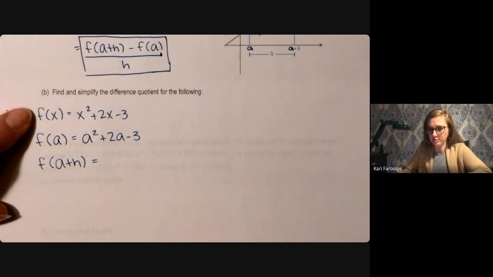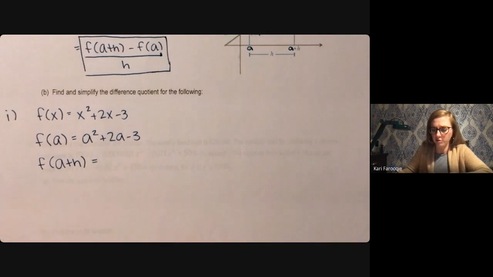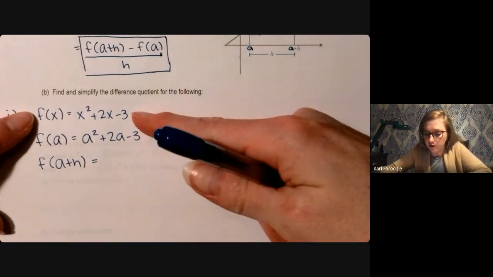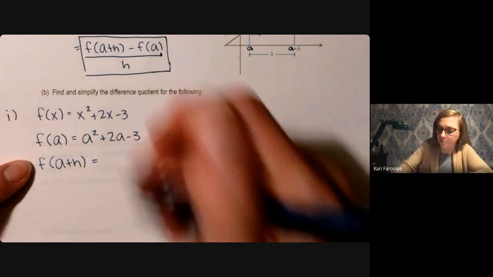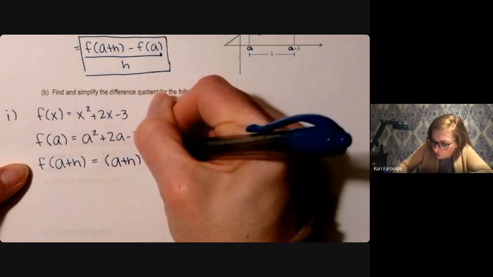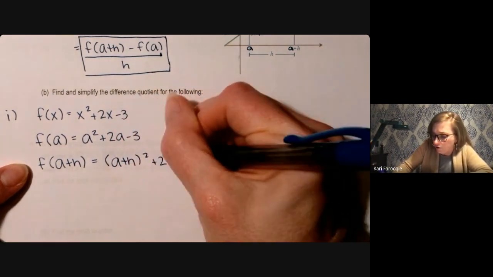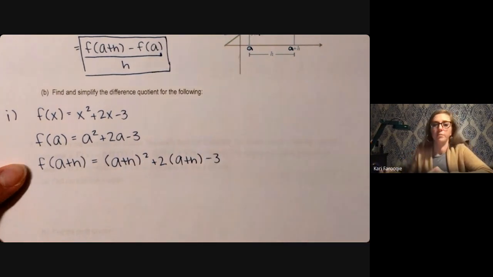I kind of like to just go back to this because if you have a and then a plus h, I don't want it to get confusing. So look at your f of x function, and everywhere you see x, you can swap it out with a plus h. So I've got x squared, so that's a plus h squared, plus 2x. So that'd be plus 2 times a plus h, minus 3.